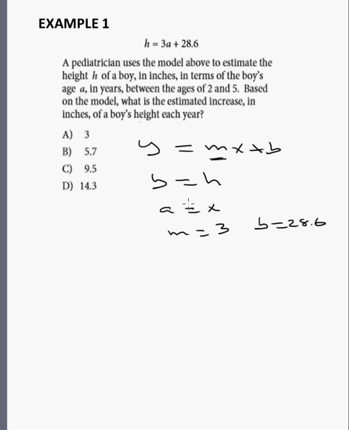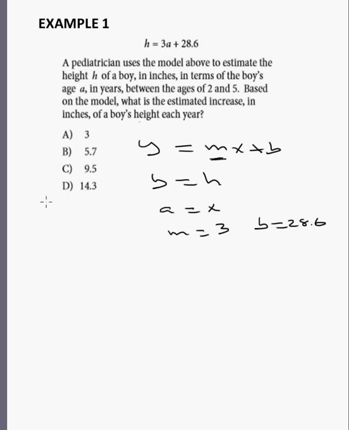The slope is always going to represent how much the y value, in this case the dependent variable, will change when the independent variable x, in this case a, changes by 1 unit. So here your answer is A, 3.